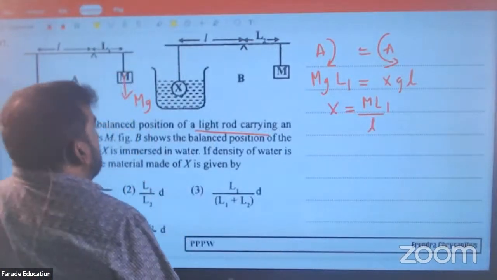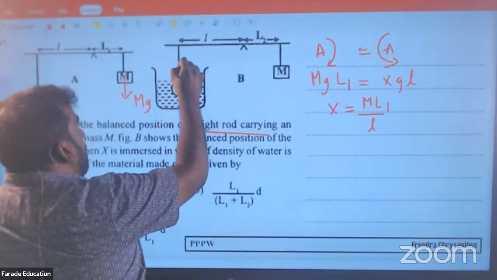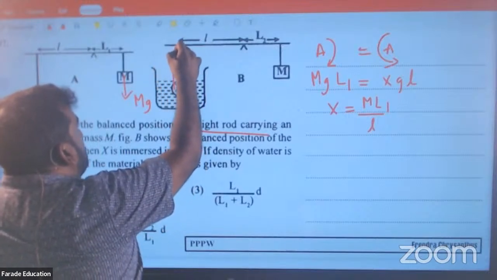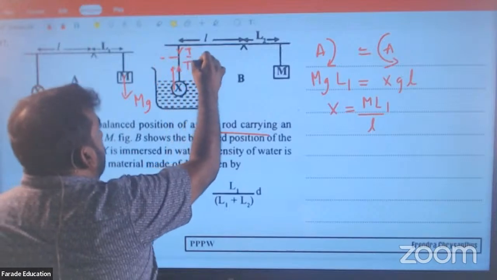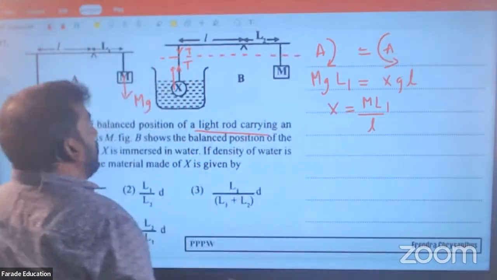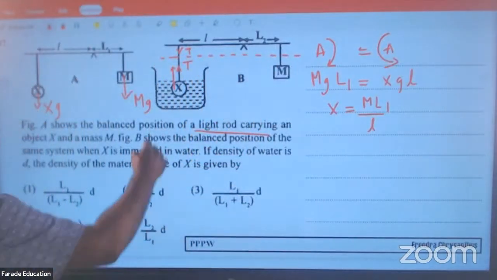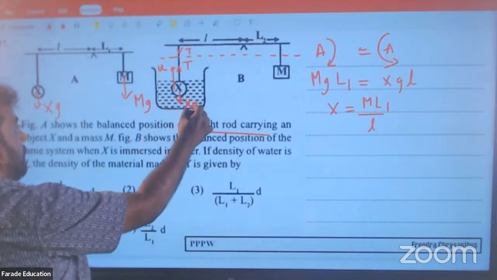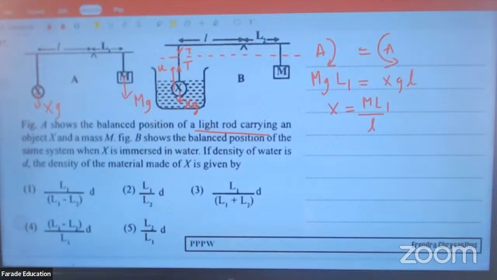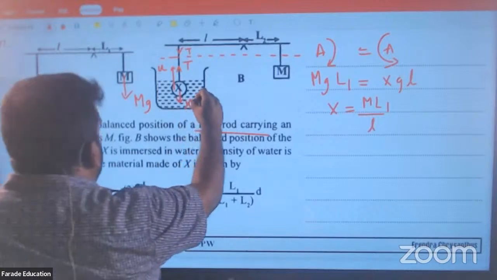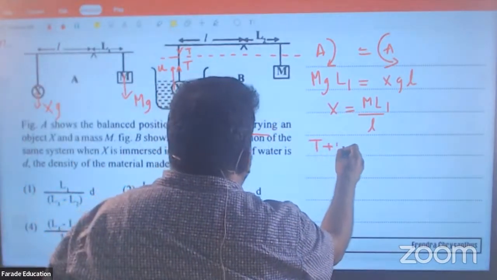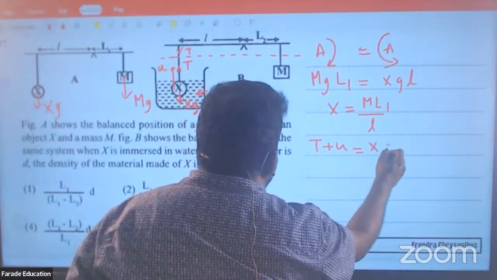Now we fully immerse this. Tension is here. If I take moments, only tension is acting. So on X, upthrust, tension and weight; the weight is going to be Xg. Density of water is D. Density of the material is going to be how much? So tension plus upthrust equals Xg.